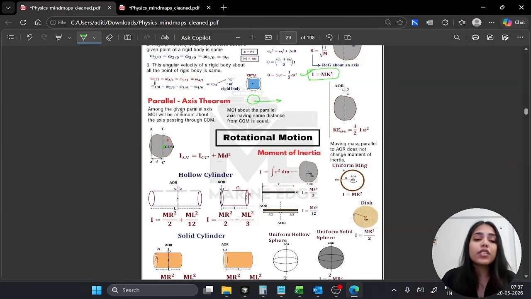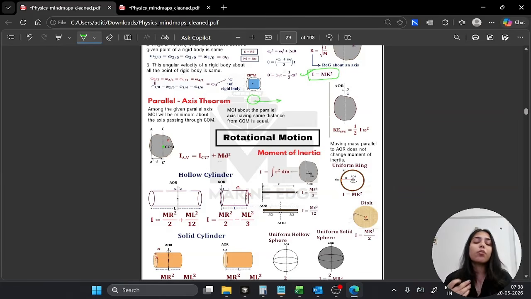So parallel to AA dash, we have a line CC dash that passes through the center of mass. Now, moment of inertia across AA dash will be moment of inertia across CC dash, plus mass of this object times the distance between the two lines, squared. That is the parallel axis theorem.